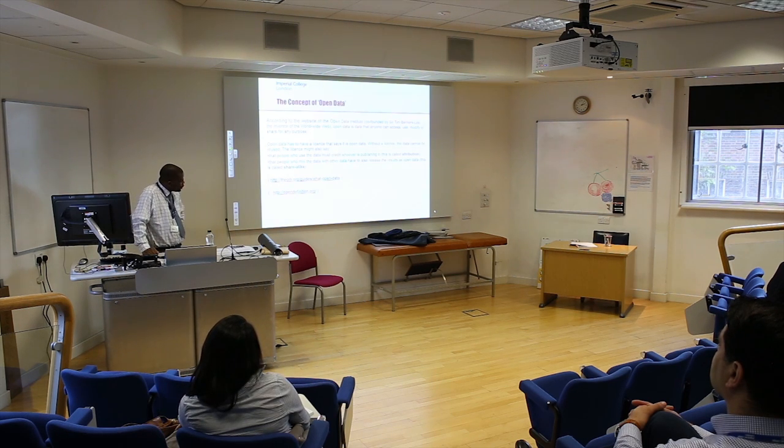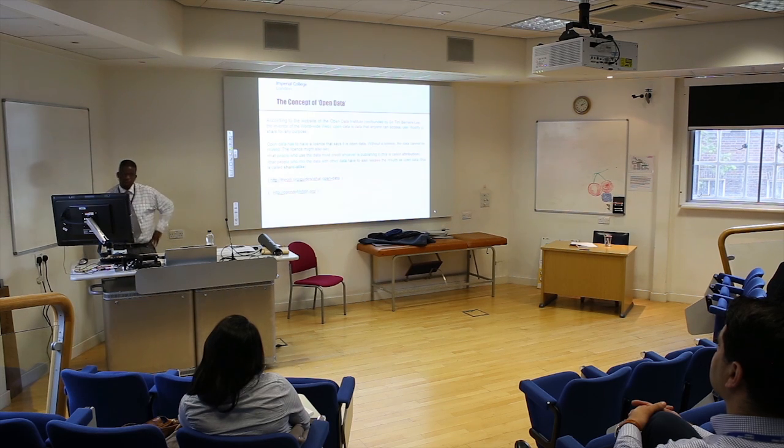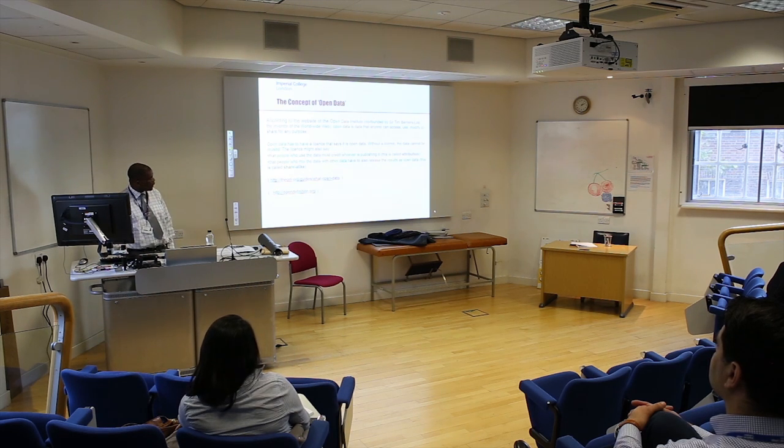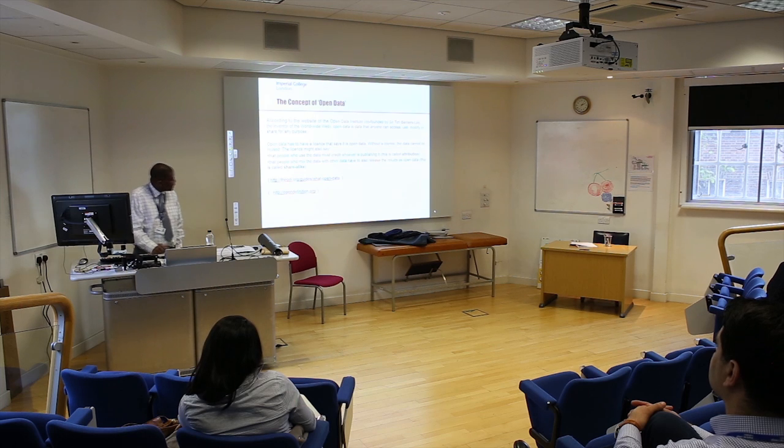That's one of the types of open data licenses. Open data is related to open source software, but it's not the same thing. It's a similar thing, but not to be confused with open source software, which is a slightly different concept.